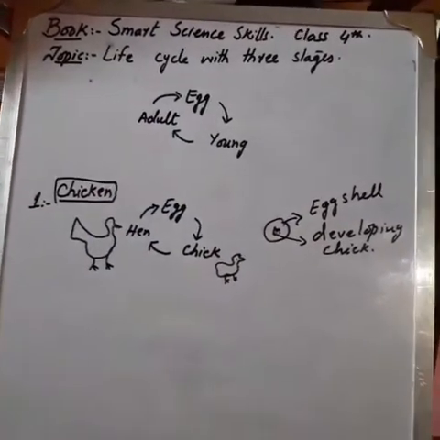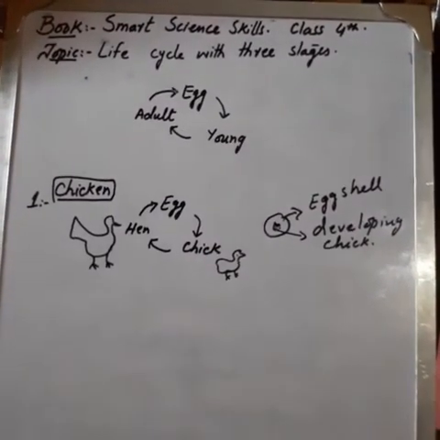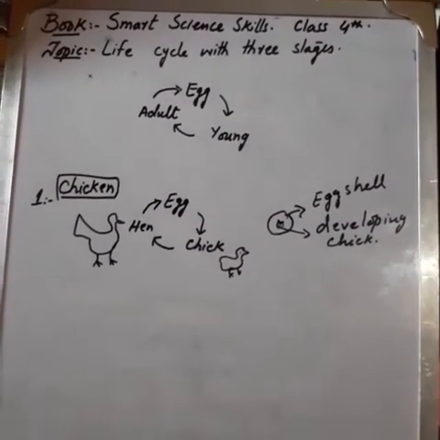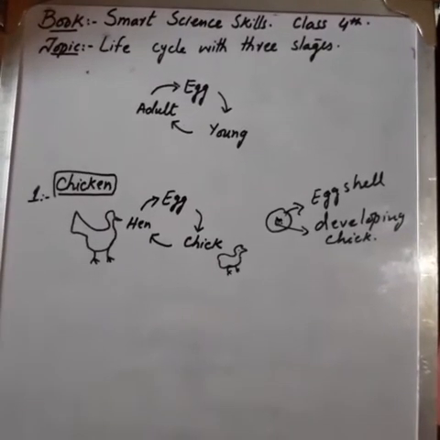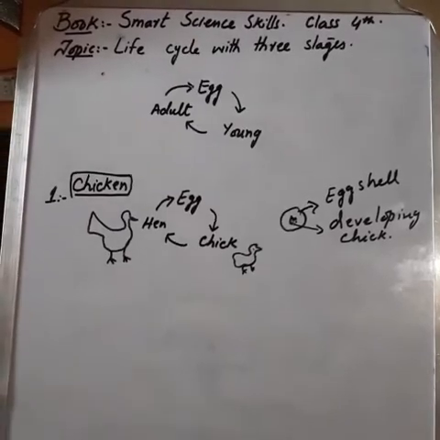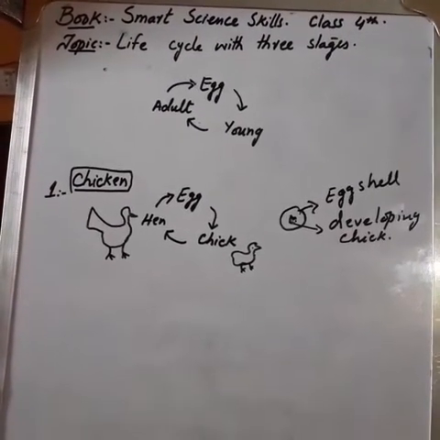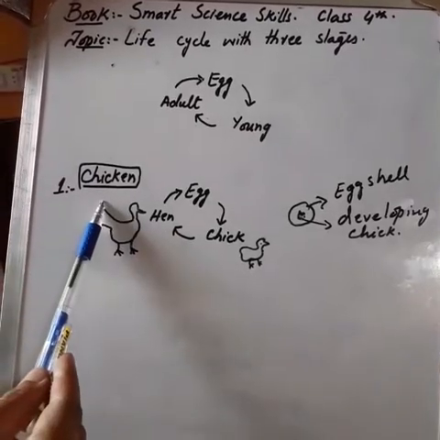There are many animals who have 3 stages in their life cycle, like chicken, cockroach, and frog. Today we will study about the life cycle of chicken. We are going to study about the 3 stages of life cycle of chicken.